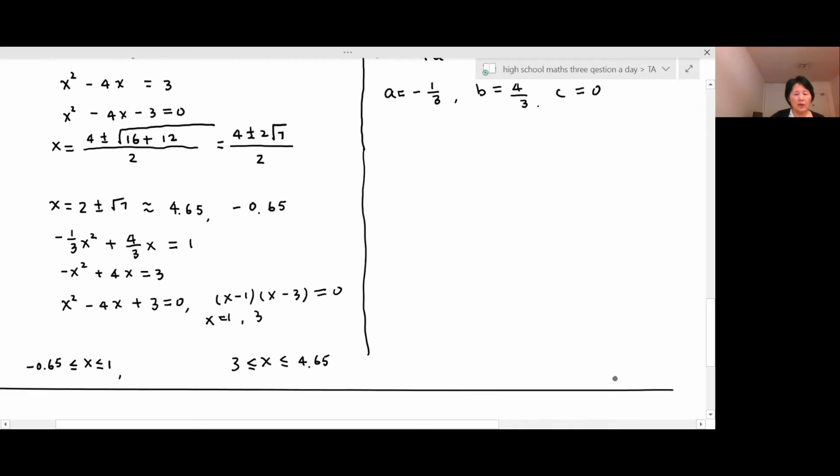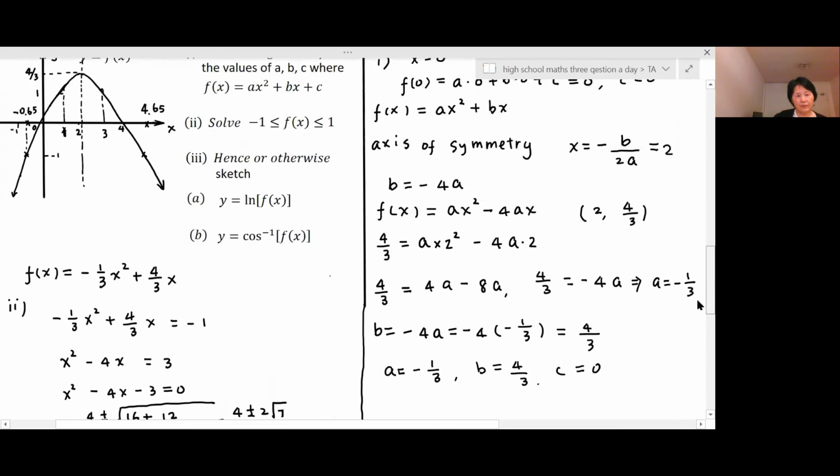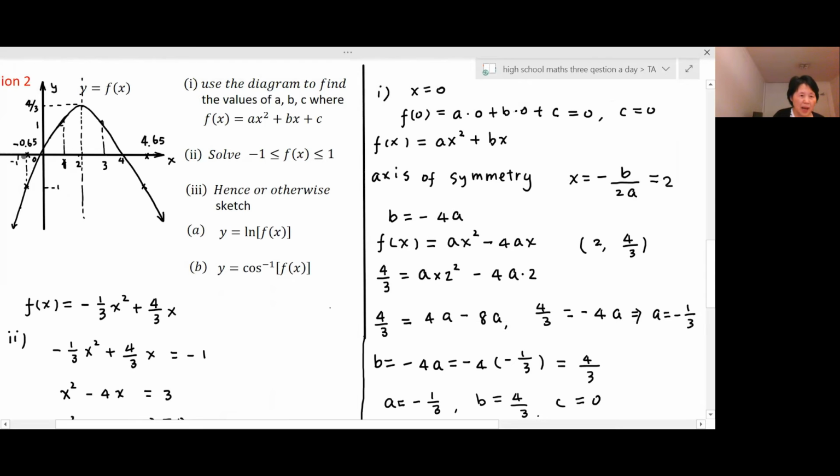Okay, have a look. When x is between minus 0.65 and 1, which part? Okay, x between minus 0.65 and 1. This part, you can see when you go to this part, the y value is from minus 1 to 1. Another one, where x is between 3 and 4.65, means this y is between minus 1 and 1.